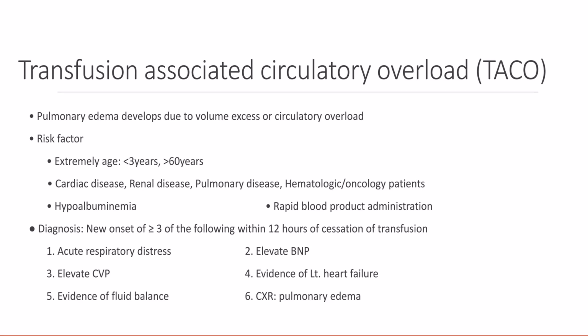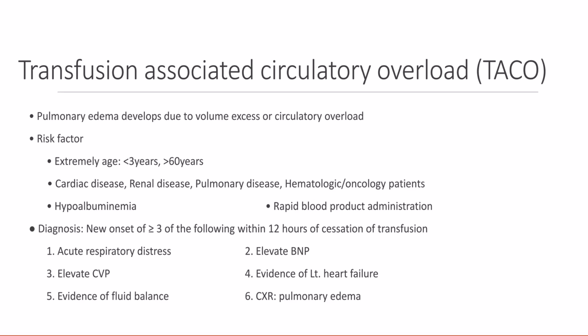So as we discussed in the definition, TACO occurs when there is pulmonary edema which developed due to volume excess or circulatory overload. What can be the risk factors? It is extremes of age, or diseases like cardiac, renal, pulmonary, hematological or oncology diseases, hypoalbuminemia, rapid blood product administration.